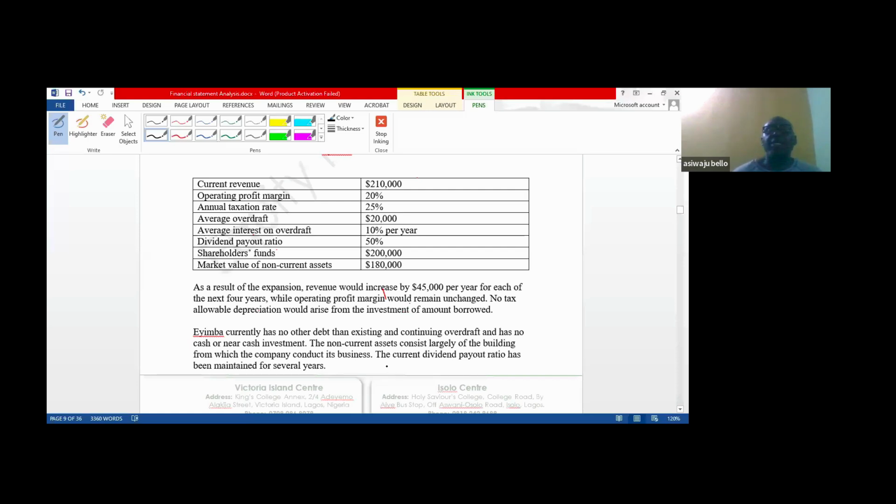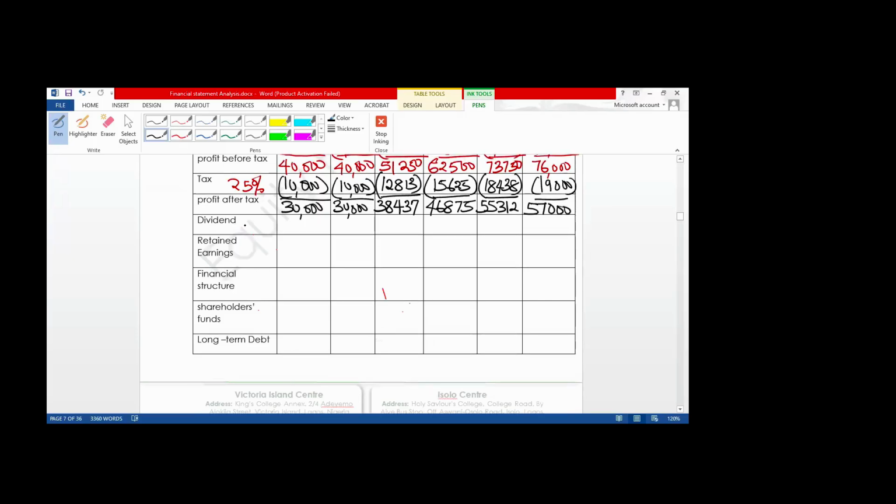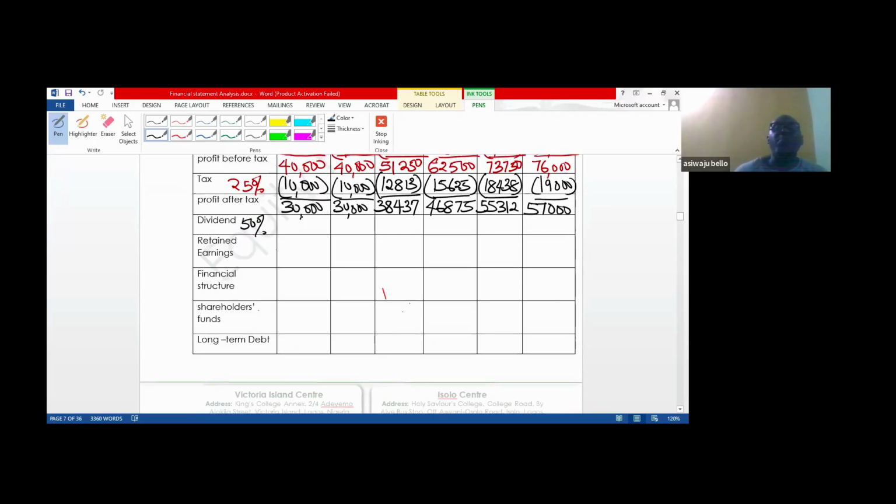Look at the comments here: the current dividend payout ratio has been maintained for several years at 50%. 50% of your profit after tax is the dividend payout. 50% of 30,000 will give me 15,000.